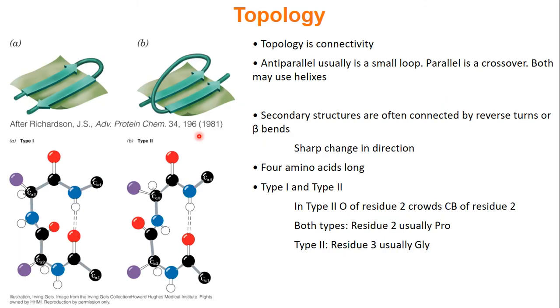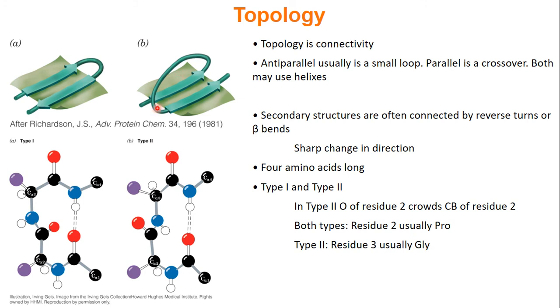Now, connecting these secondary structure strands is a term we call topology. So topology is how you connect things. For beta sheets, if you have an anti-parallel beta sheet, connection is relatively easy. You can have this small, tight turn.